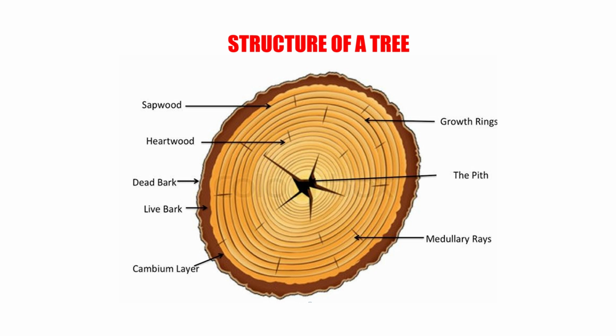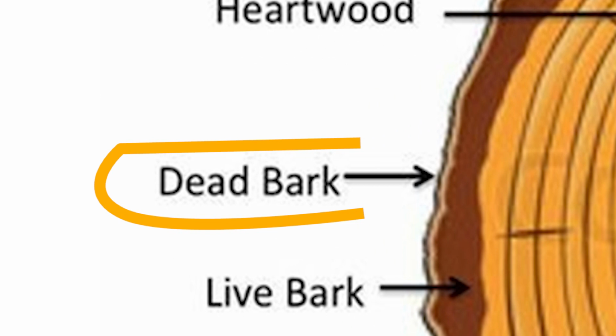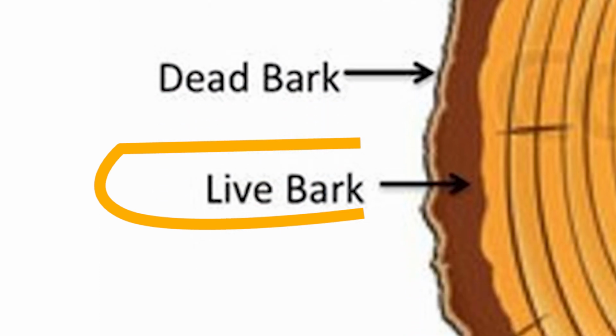We have the dead bark. When you and I look at a tree, what you see as a trunk is what is called the dead bark. Now, when you peel off the dead bark, what you see is what we call the live bark.